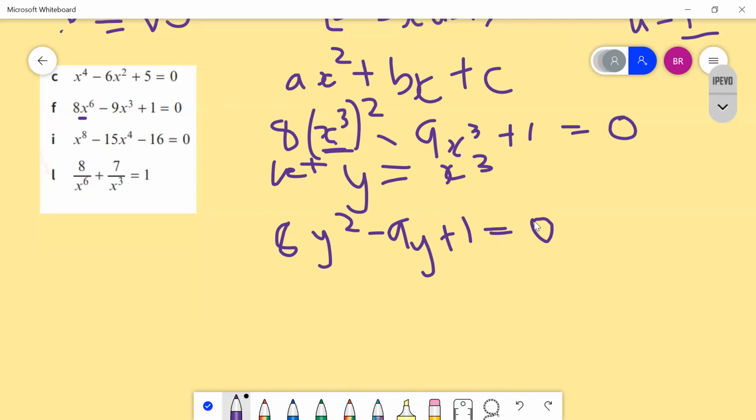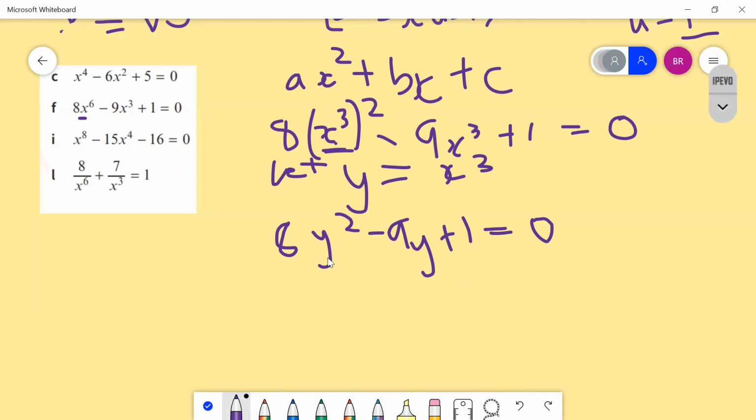What we need to do again is to factorize. You remember what I told you in the first equation: the first thing to do is check whether you can solve the equation by factorizing. If you can't, you use the quadratic formula, minus b plus or minus root of b squared minus 4ac over 2a.